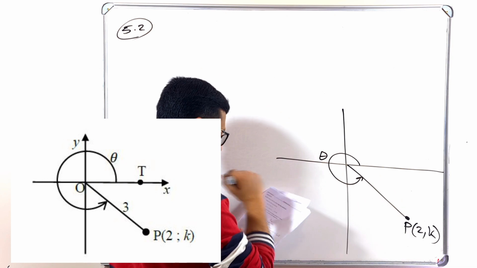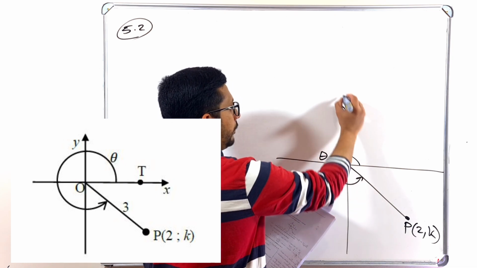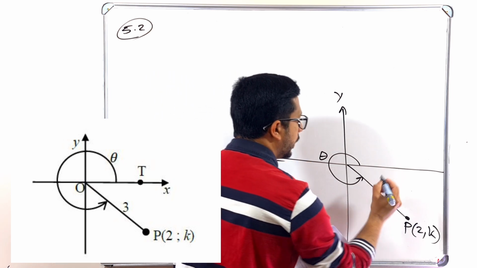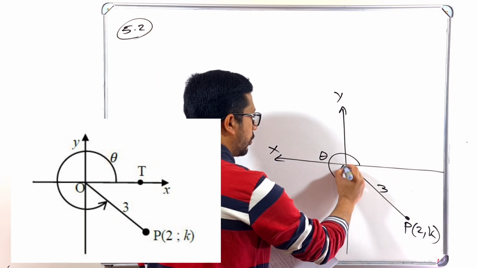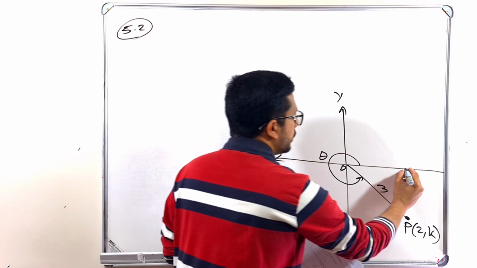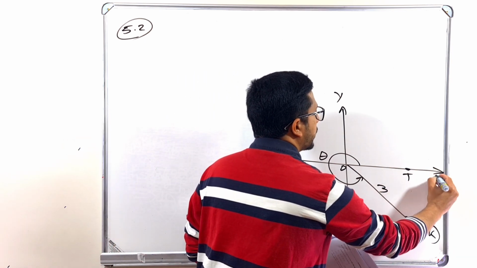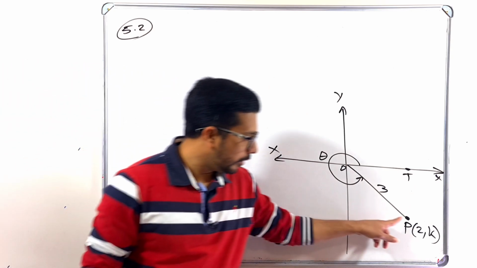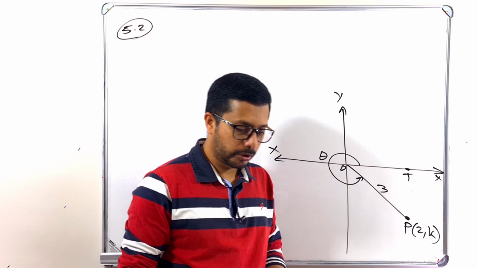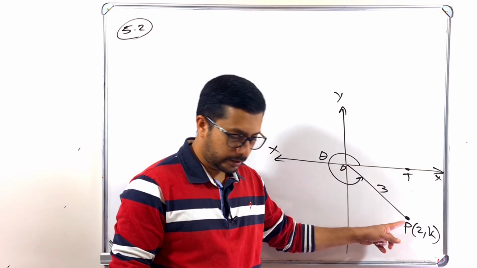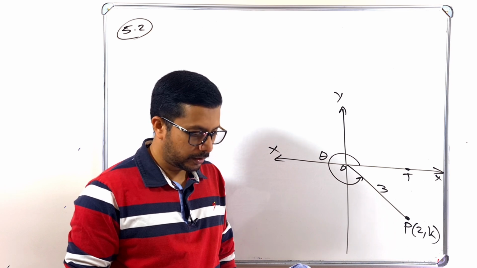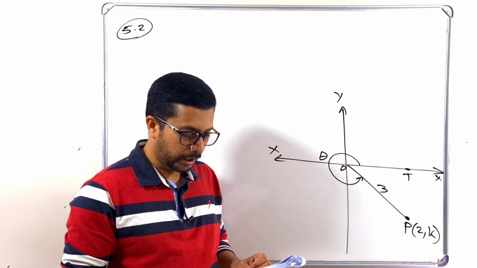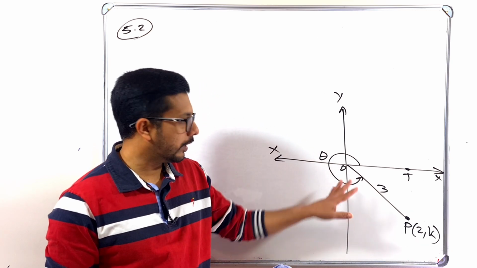This is the y-axis and x-axis, this is OP, and this is the point T on the x-axis. It is given that reflex angle TOP is equal to theta. That means this angle is theta as shown in the diagram.